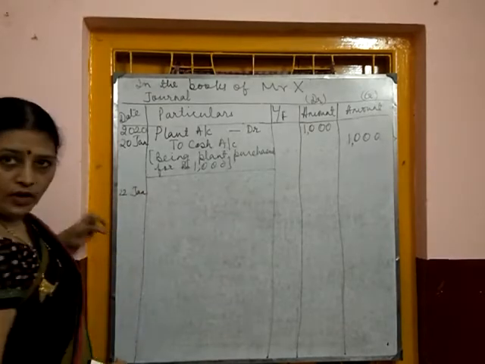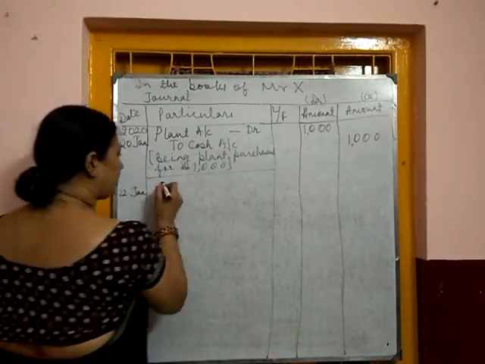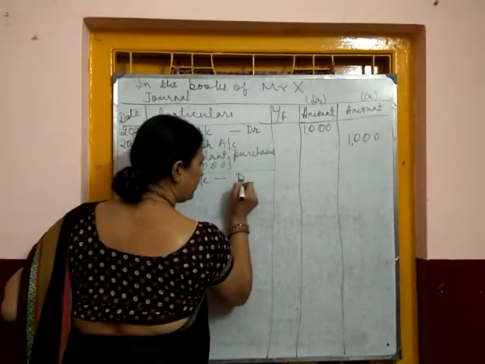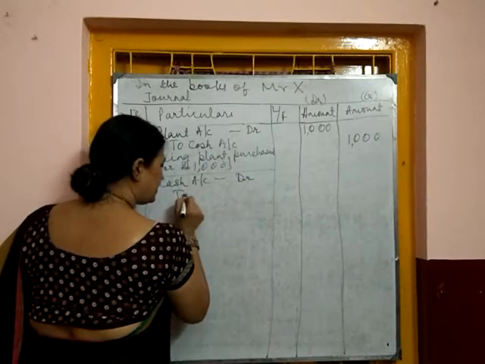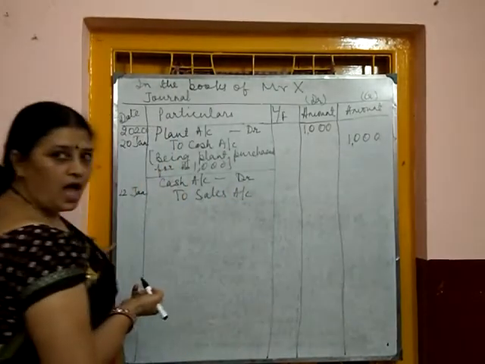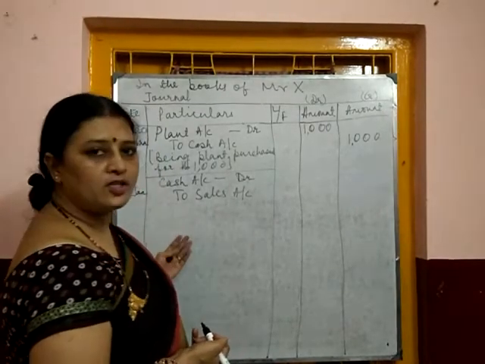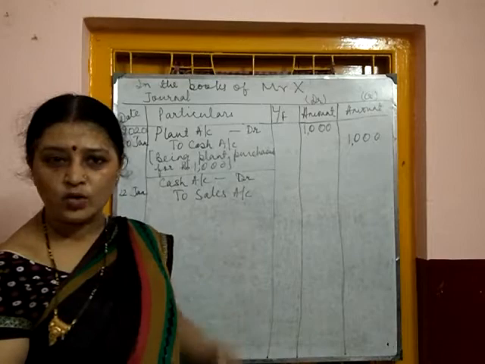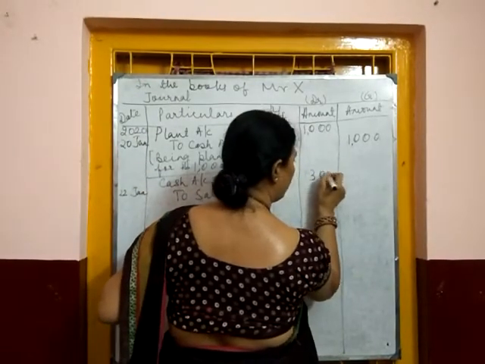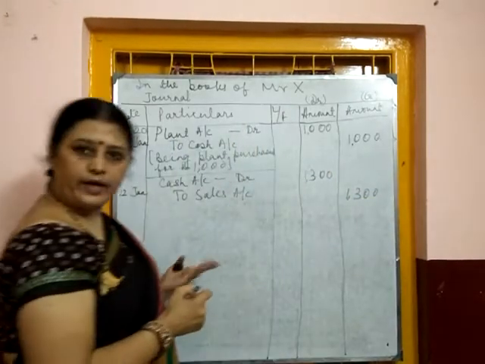He is selling goods for cash. What is coming in the business? Cash is coming. So we will write here as cash account debit. And sales. Sales is our income. And as I said, let us suppose the goods have been sold for cash rupees 1300. So we will take 1300 debit as well as 1300 credit.